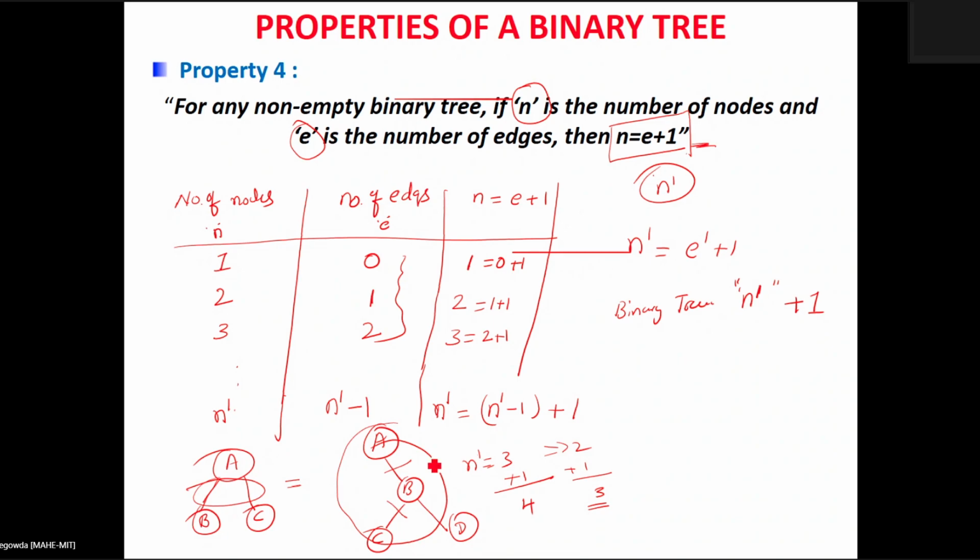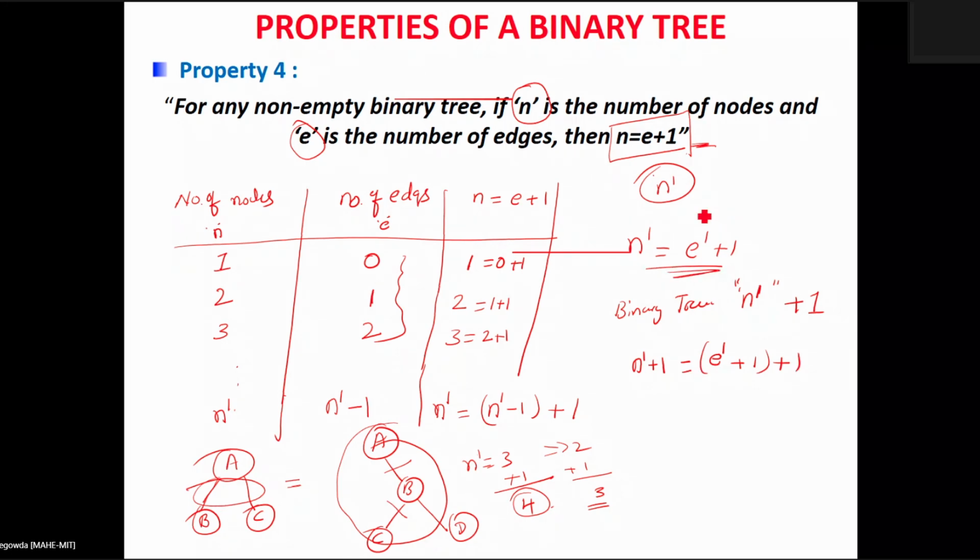So for 4 nodes, where n' was 3, when I added one more node, the new total number of nodes is 4, and the number of edges also increases by 1. Thus what I can write here is n' plus 1 equals E' plus 1 plus 1.